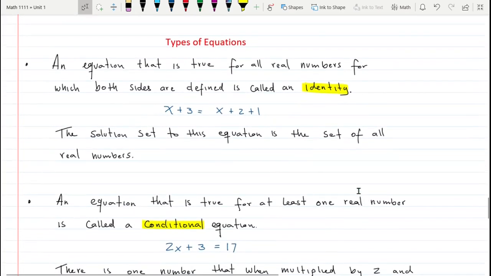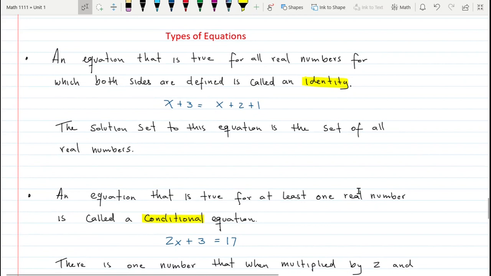Now, let's talk about types of equations. So you were given an equation and you do your best to solve it. But there are 3 possible scenarios for the solution.